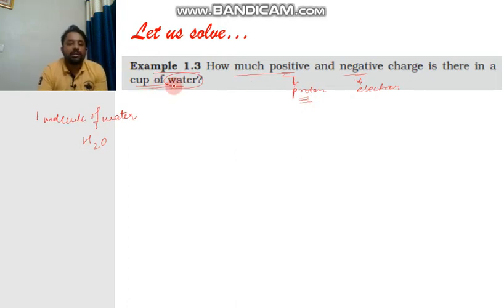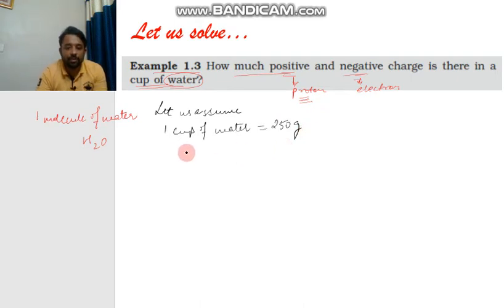Let us assume 1 cup of water has 250 grams of water.